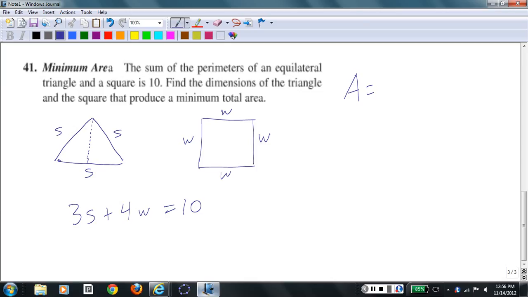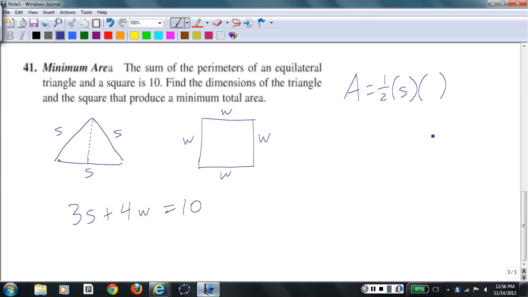At such time I memorized a formula that expressed the area of an equilateral triangle in terms of the side length. But it's been a long time. So I would have to say one half base times height. Well, the base is S.